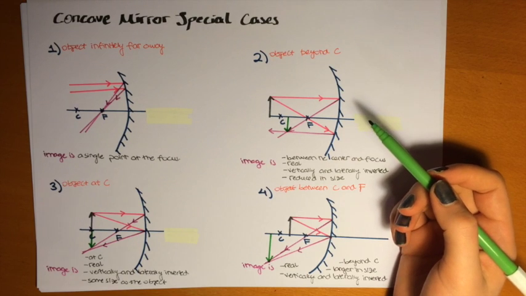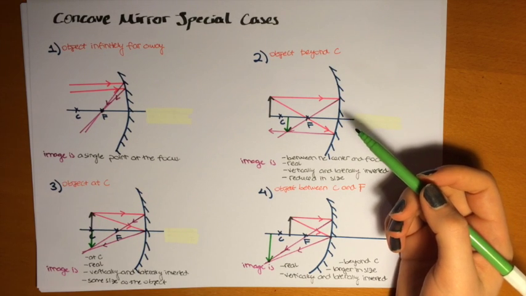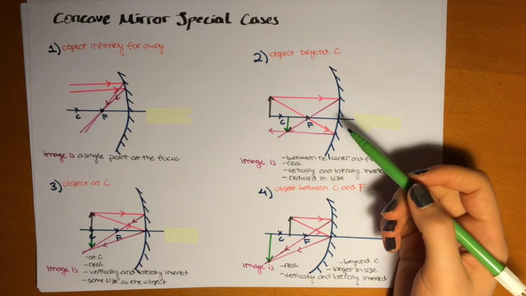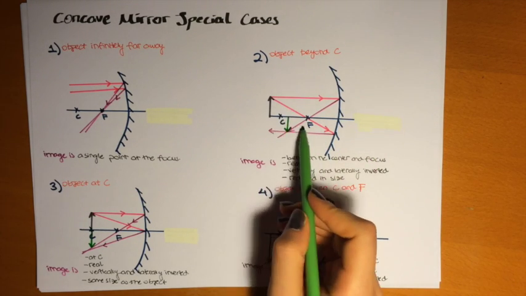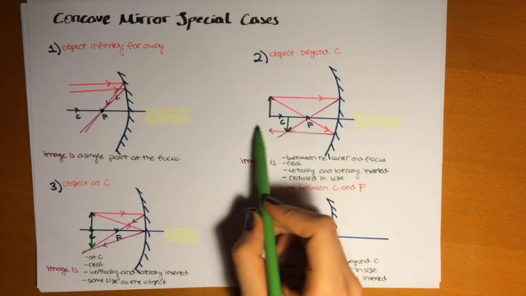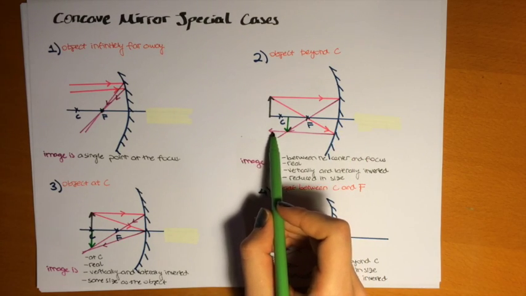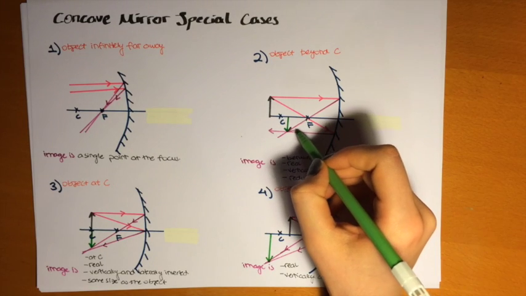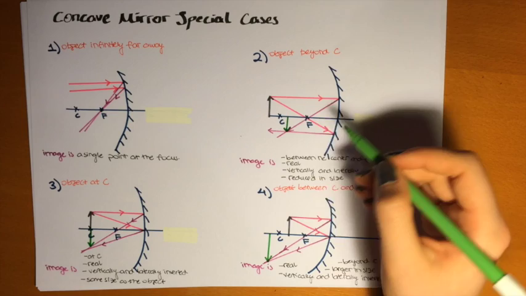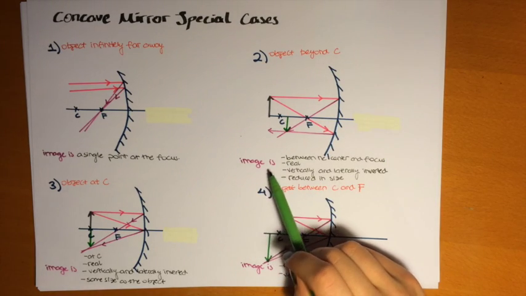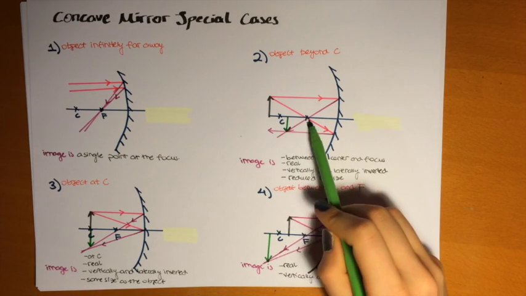As long as I used 2 or possibly 3 special rays, I can find where my image forms. I sent mine from the focus, and it reflected parallel to the primary axis. These 2 reflecting lines coincided at this point. So I draw my image, and it is between the center and the focus.